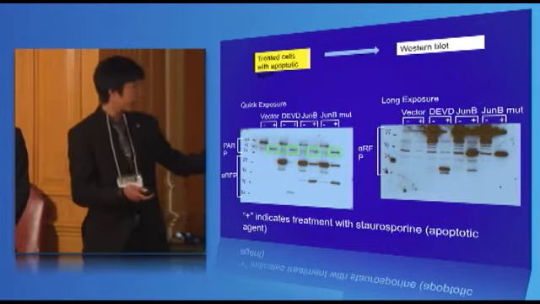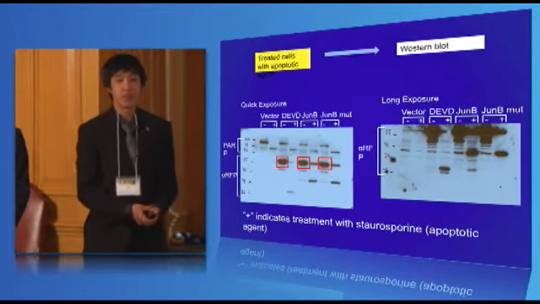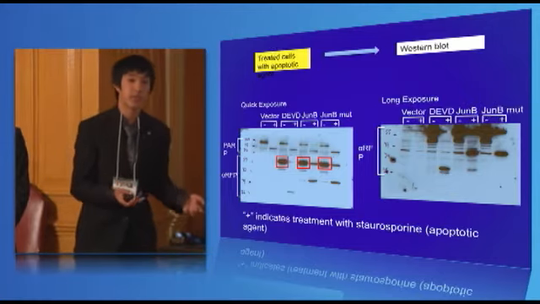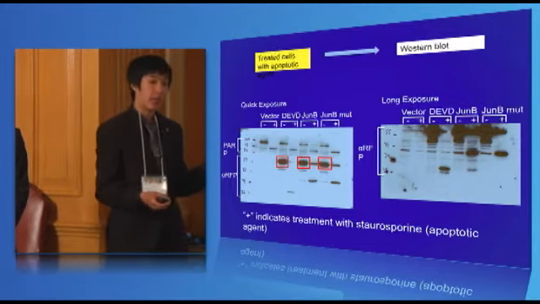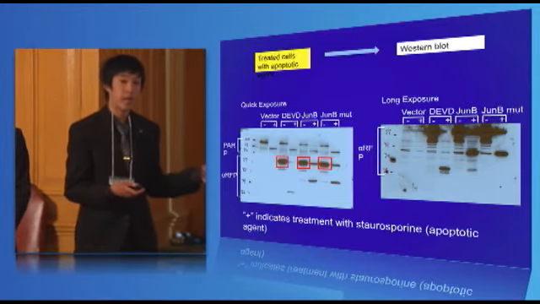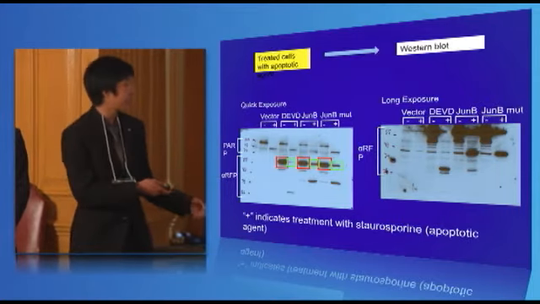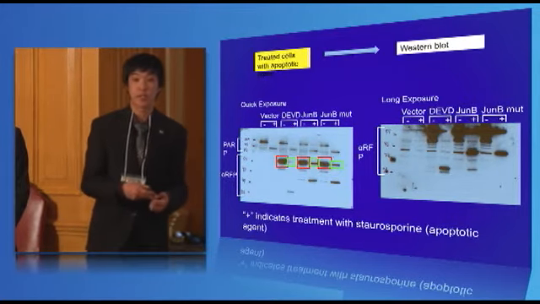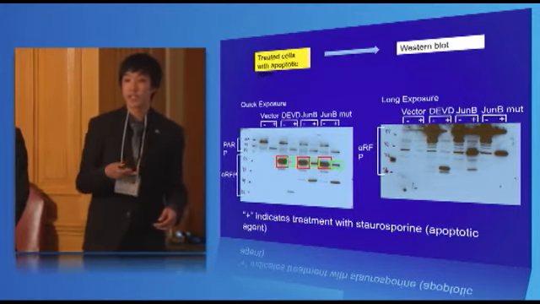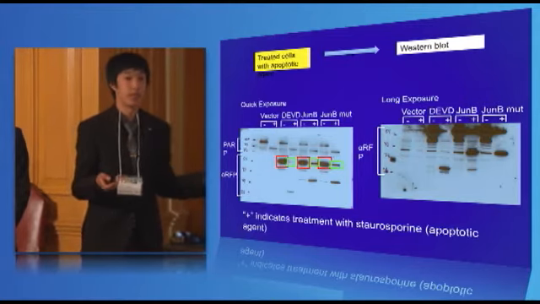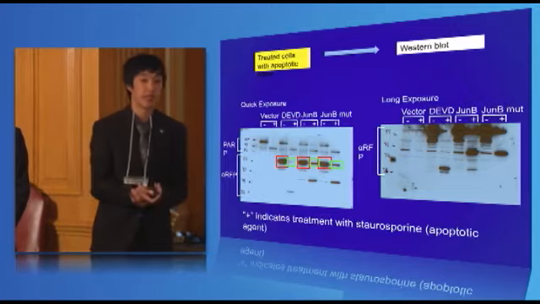Looking at the DVD, JUNB, and JUNB mutant constructs, they are expressed at approximately 55 kilodaltons and at a rather high intensity. However, after treatment with the apoptotic agent, you see that the intensity of the band decreases quite dramatically. So that suggests that there was degradation of this protein as well as potential cleavage of the protein.